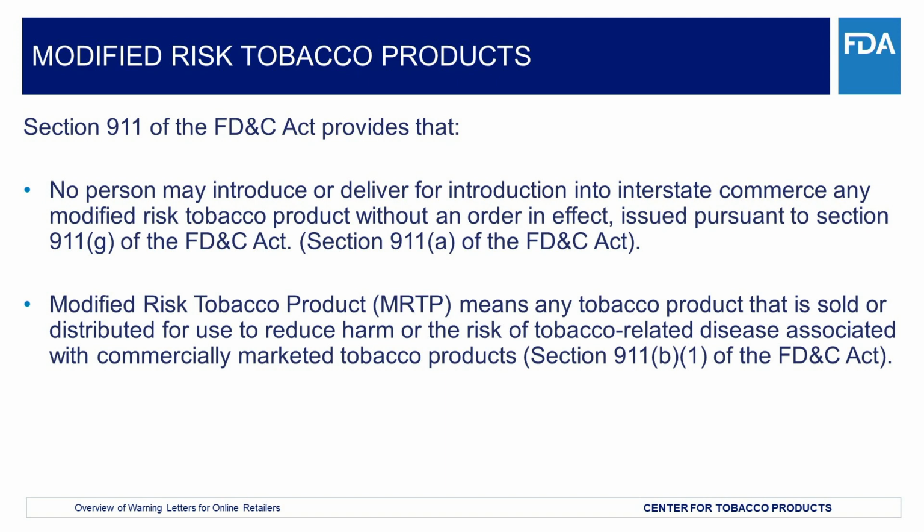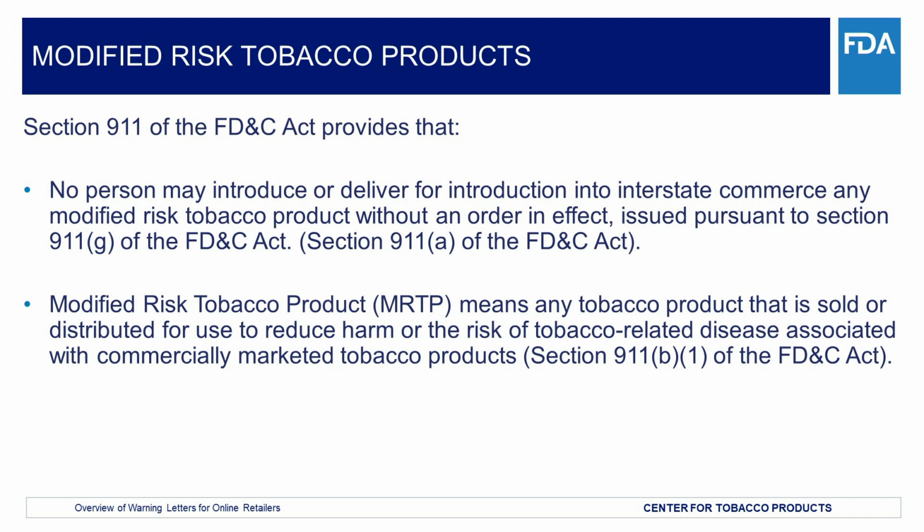Under Section 911(a) of the FD&C Act, no person may introduce or deliver for introduction into interstate commerce any modified risk tobacco product without an order in effect issued by FDA pursuant to Section 911(g). So, what are MRTPs?